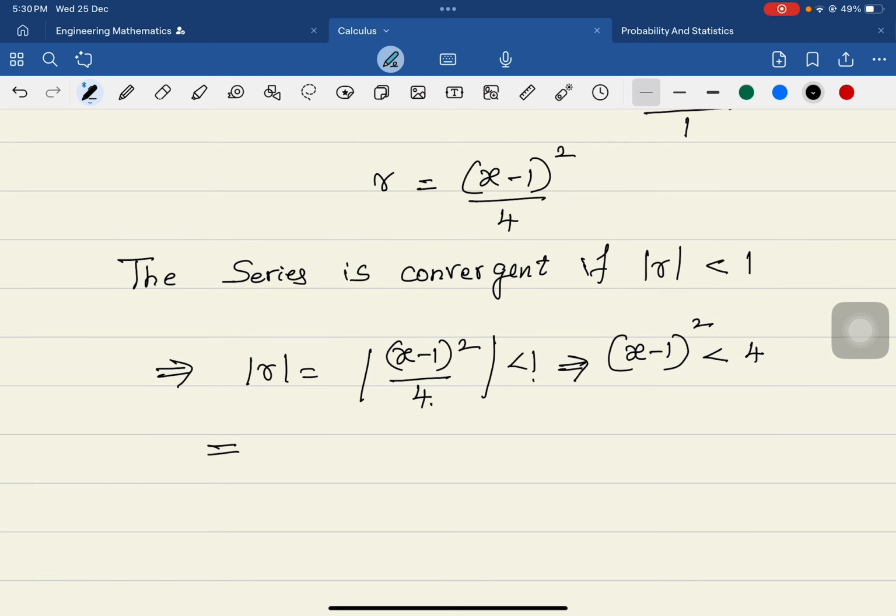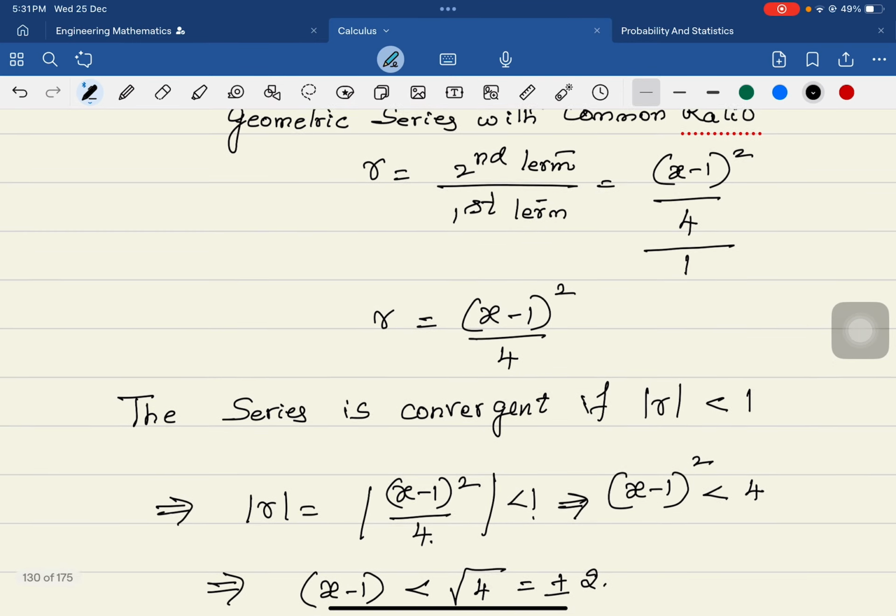So now that implies mod of x minus 1 is less than square root of 4, that means plus or minus 2. So when you write mod x minus 1 is less than 2, what can you say? You can write minus 2 is less than x minus 1 is less than plus 2.